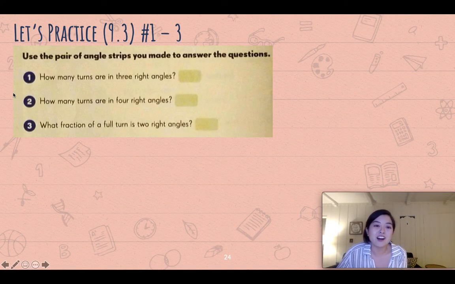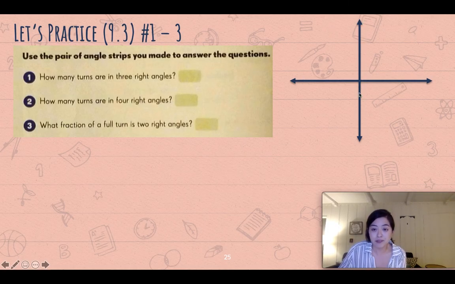Alright, so it says use a pair of angle strips you made to answer the question. Well, we didn't make any angle strips, so we're just going to use our lines like this, that intersect here and that make all these 4 right angles here. Here's a right angle, here's a right angle, here's a right angle, and here's another right angle. So, question number 1.